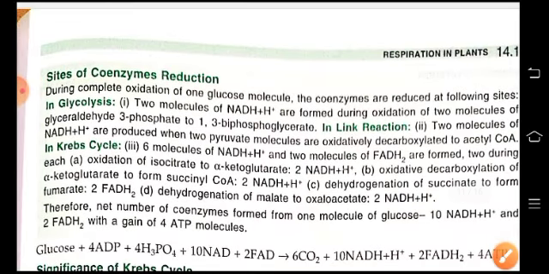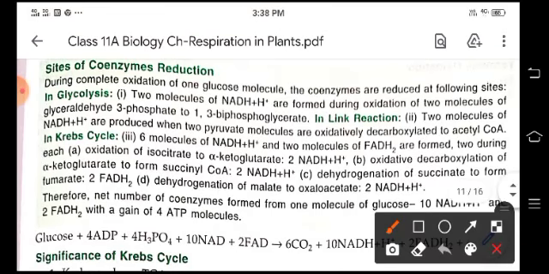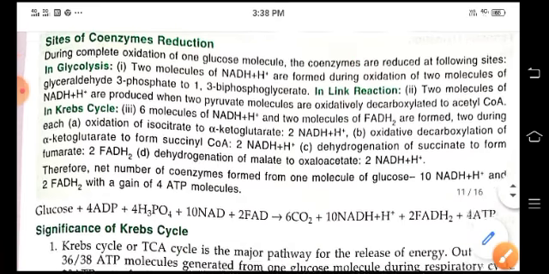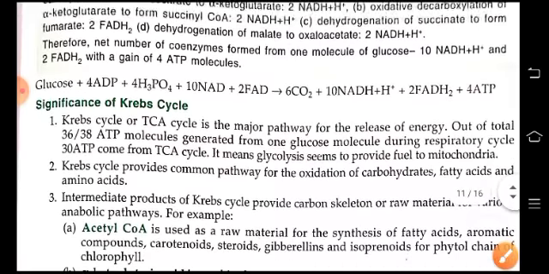Now sites of coenzyme reductions. During complete oxidation of 1 glucose molecule, the coenzymes are reduced in the following sites, like the glycolysis and in Krebs cycle.